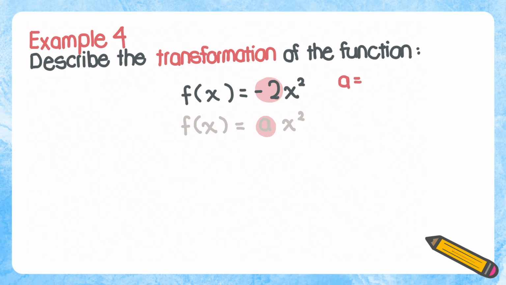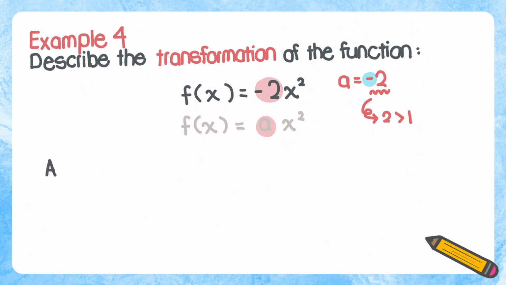A equals negative 2. Since it's negative, there must be a reflection. And we just focus on the number 2. Since that is greater than 1, we'll have a vertical stretch as well.